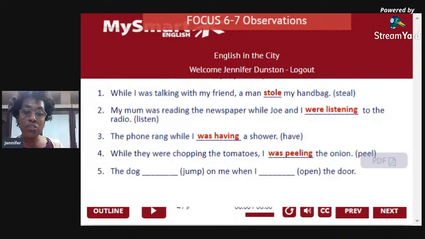Does everyone know what it means to chop a tomato? Obviously, these two people, or this group of people, are preparing something. So to chop a tomato means to cut it up into small pieces. You're not smashing it and making puree, but you're chopping it into little pieces of tomato, like little cubes. To peel an onion means basically to take the outer layer of the onion off.